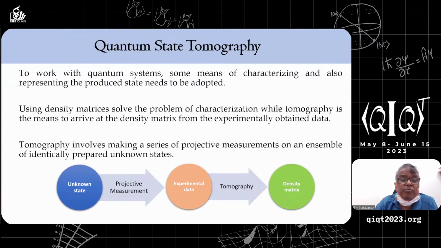With state tomography, one would like to reconstruct the state one has generated. If you assume the given state is an unknown state, one does various projective measurements using various combinations of the polarizers, gets the tomogram from the experimental data, and from there one tries to construct the density matrix.